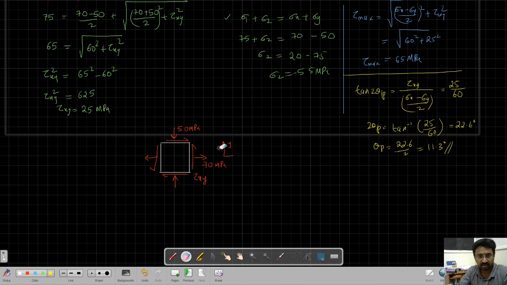So this shear value we have already found. I'll just write the value here. This is 25 MPa.